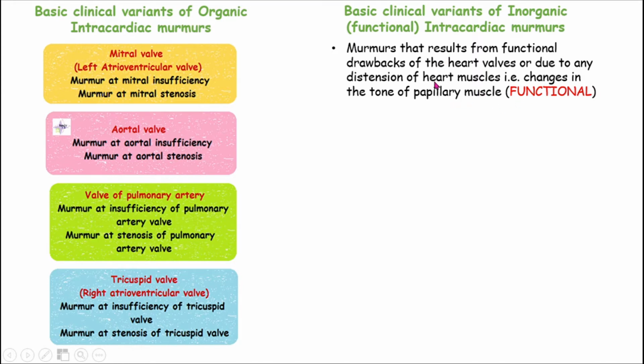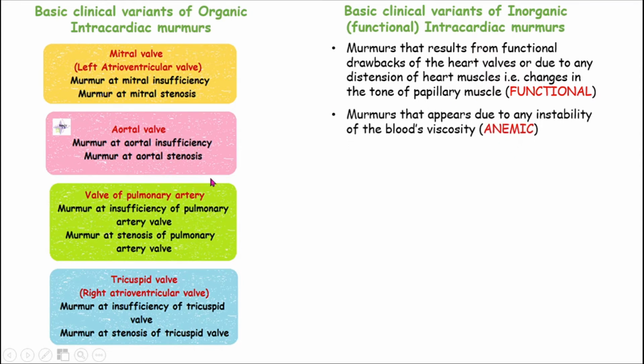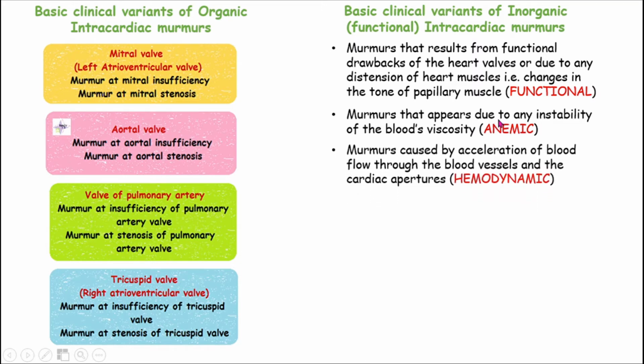Let's go to the second type, which is the anemic type, and this occurs due to instability of our blood's viscosity. If there is any change of the viscosity, for example in case of anemia, we can see these murmurs when this blood goes through the heart.